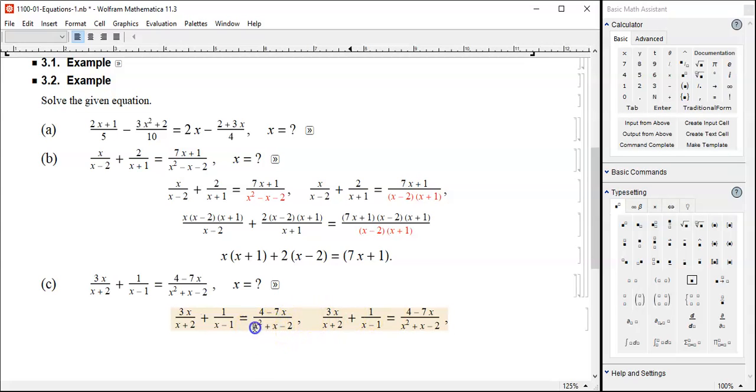Again, I'm gonna make this highlighting. I just happen to select the same thing here. Actually, excuse me, this is not a correct factorization.